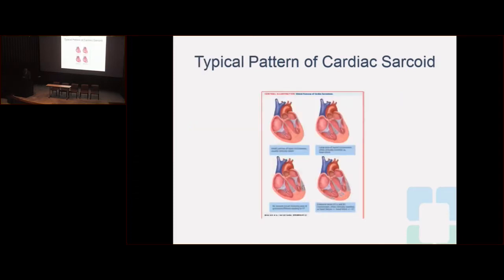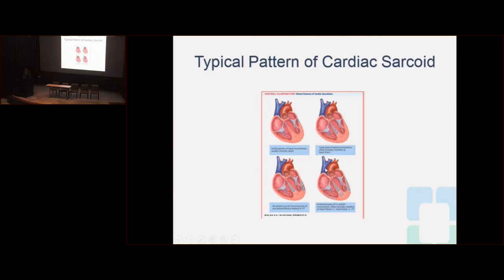And if we look at the typical pattern of sarcoid, it explains some of what we see from the electrical system. Again, this image, hopefully you can see it a little bit better. The gray areas are patterns where sarcoid can affect the heart. This is just a real basic slide.